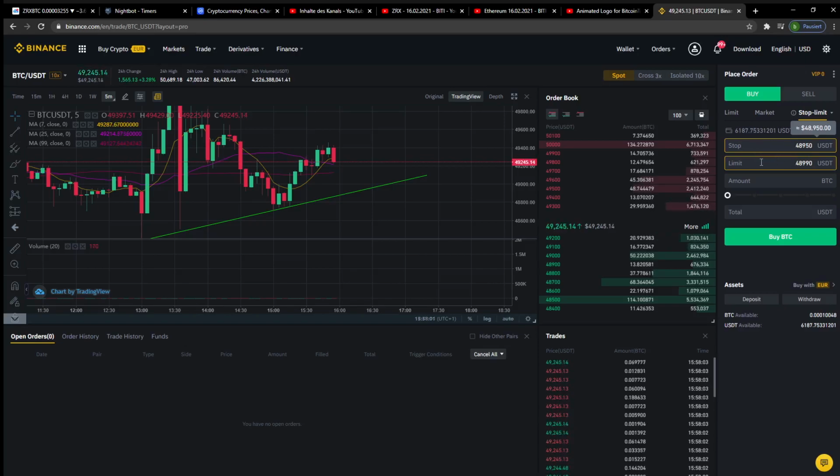It's very important for you to set this limit. And the important thing is, guys, you always buy with this 990. So if you set a limit with 48,990, you will not buy 48,951, 48,952. No, you're always buying with 48,990 as long as you are in the range from the stop and the limit.